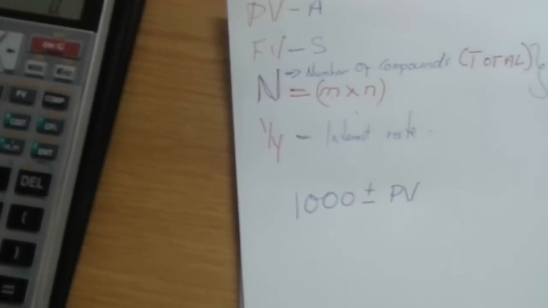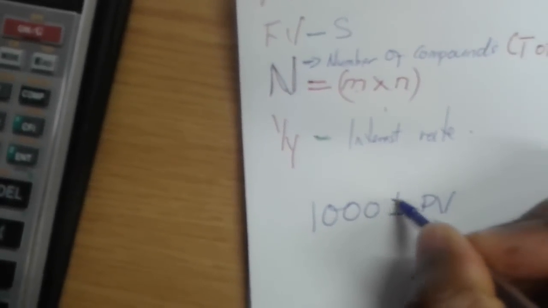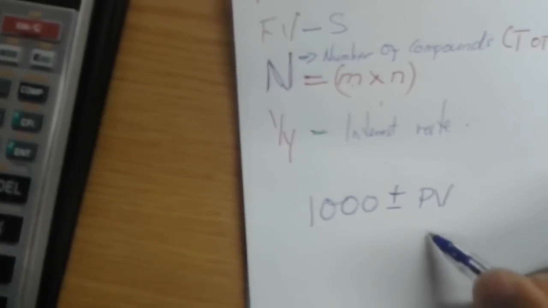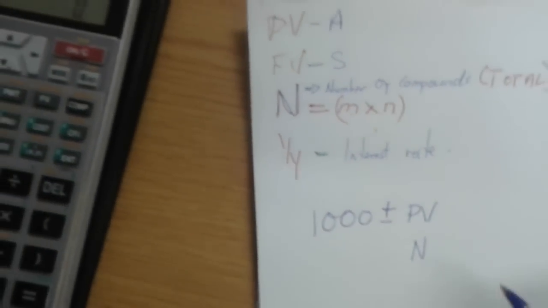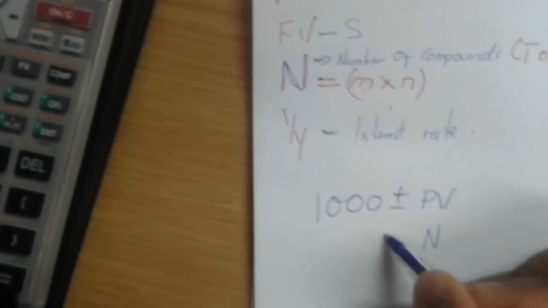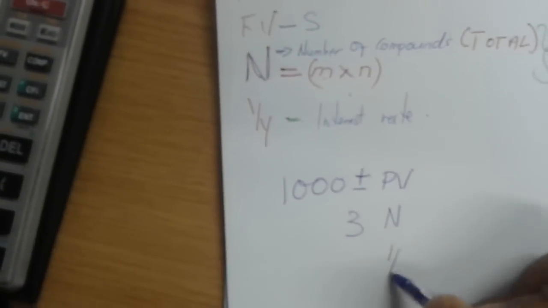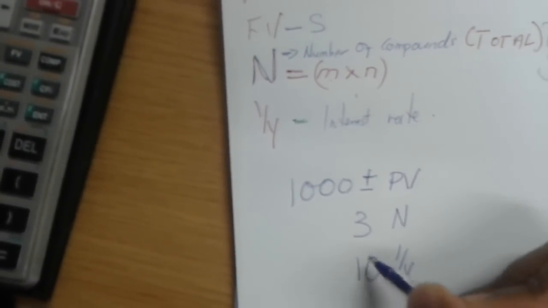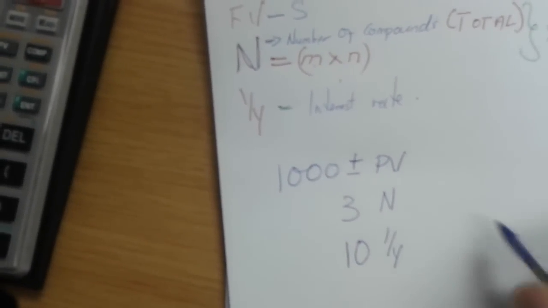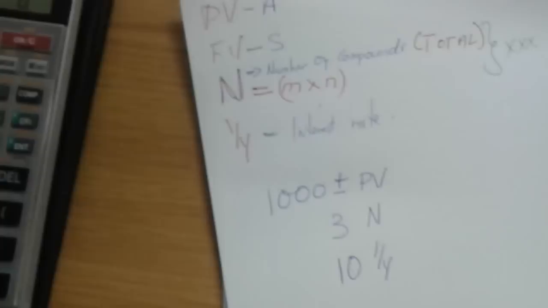So let's quickly look at this. N, which is the number of compounds, remember we said it is 3, and your I is 10, or 10 divided by 1. It's the same thing that you put here as there. The only difference now is you don't put this as a decimal, you put it as 10, right?